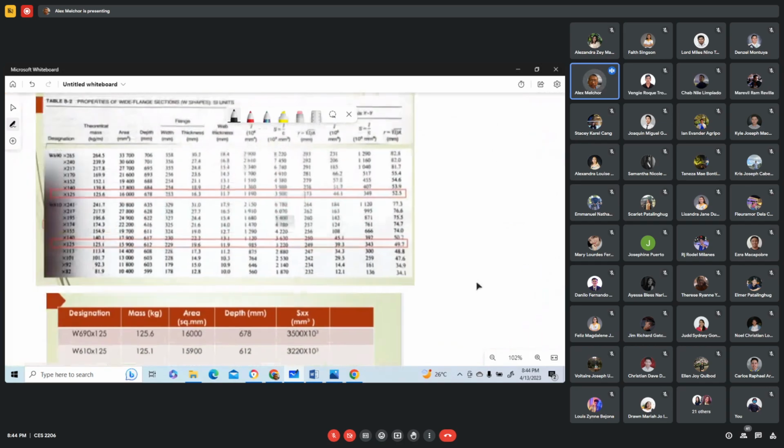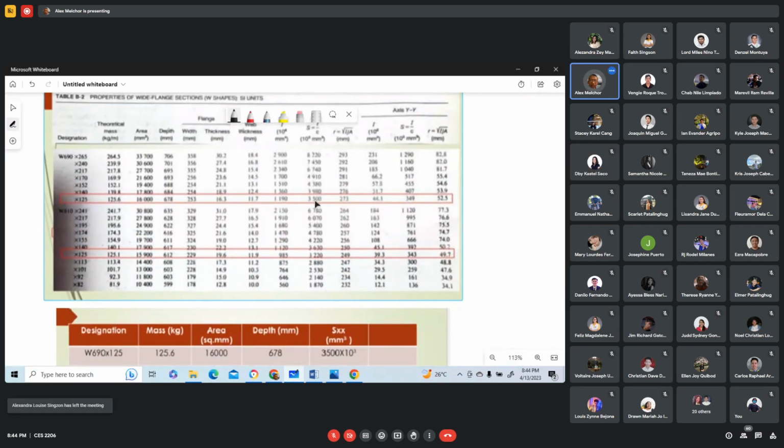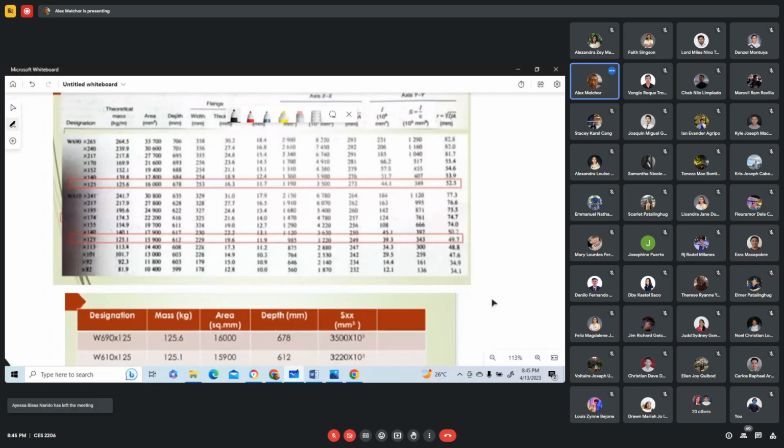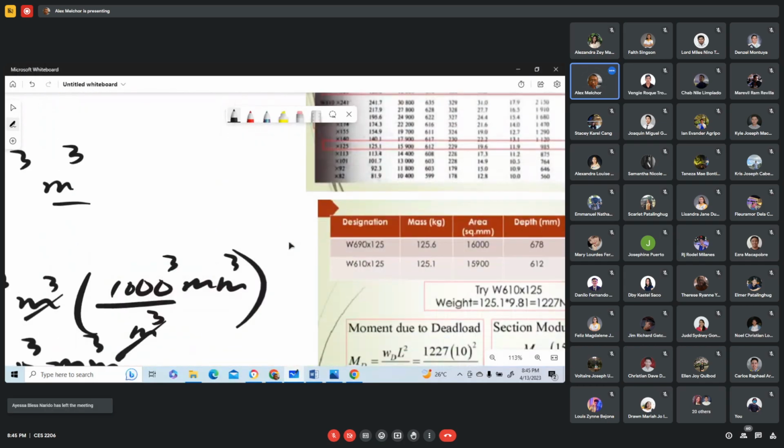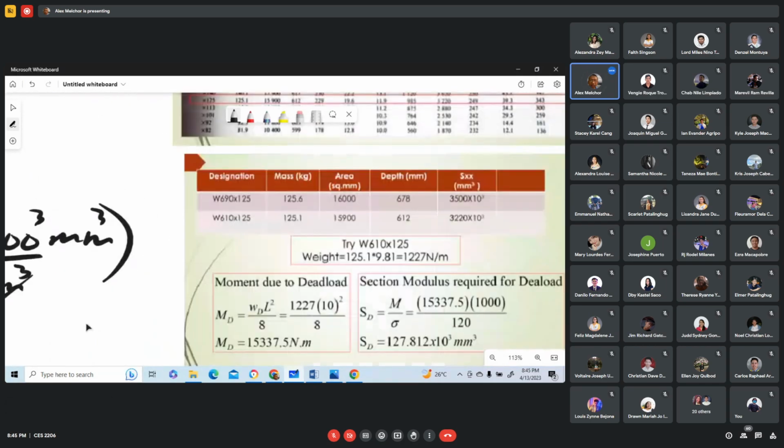So this one here, you see that we have 3,500 here. This is greater than our computed section modulus. Now, this one here, this is 3,220. It is nearer to our computed value, no? Computed value here is 2,920 times 10 cubic millimeters.